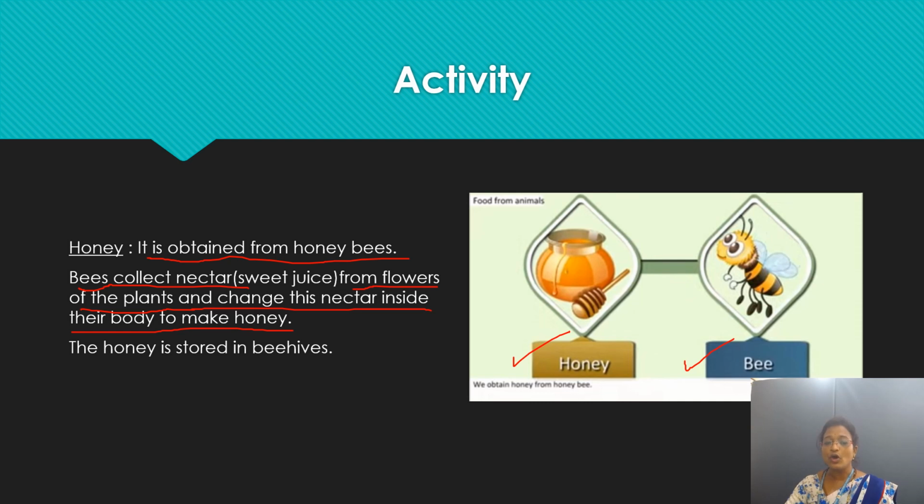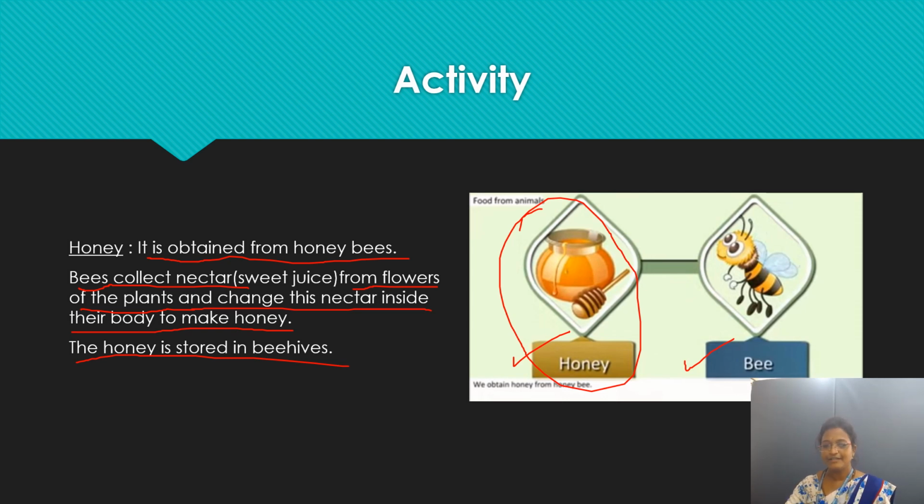After that, bees will convert this nectar inside their body to make honey, and that honey is stored in the beehive. Later on we use this honey. So you all came to know how we get honey from bees.